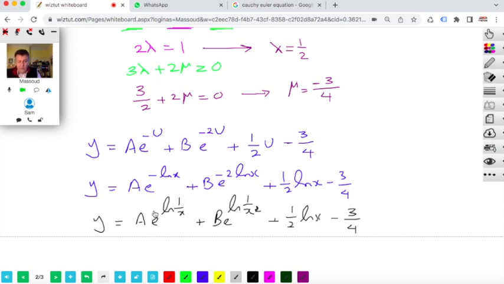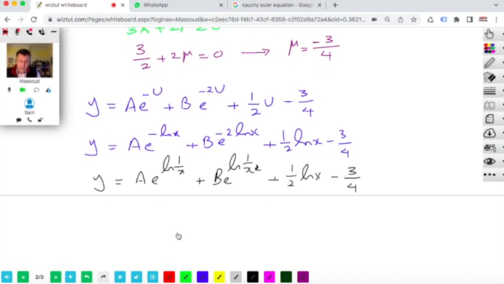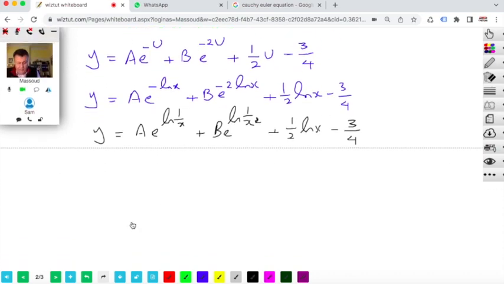So in effect, the final version would be y is equal to a over x plus b over x squared plus, we can write this as log natural of square root of x minus 3/4.